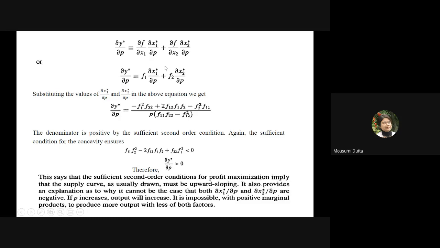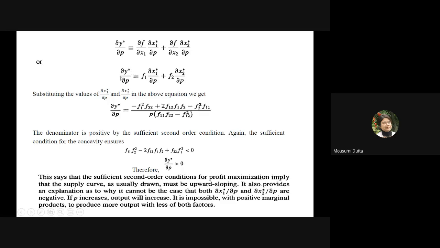It cannot happen that both the input demands fall as price increases, because that will not allow a positive sign for del y star by del p.